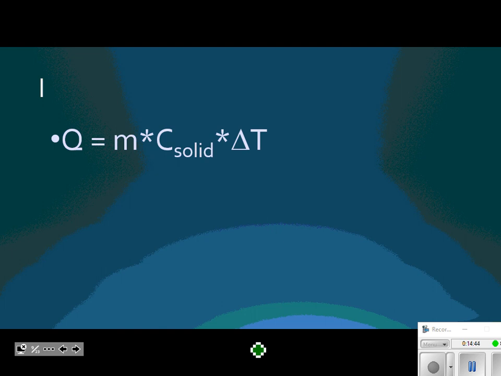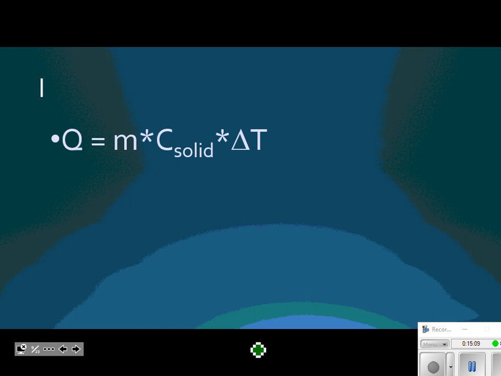Now, if you are doing these wrong, if you are struggling on your WebAssign, look at your temperature, because temperature is where things get messed up. That's where you're going to make your mistake. And the reason being is we know what our mass is. For this particular question, what's the mass?